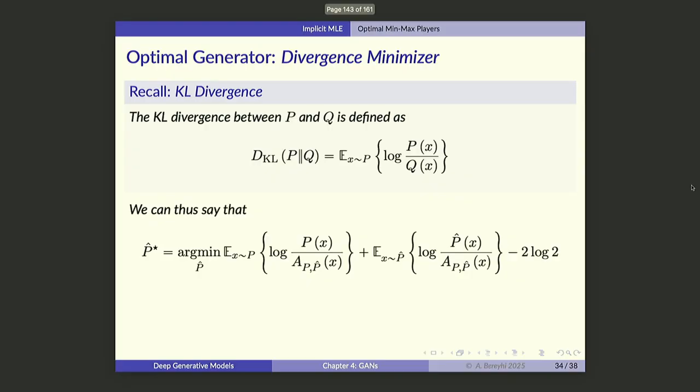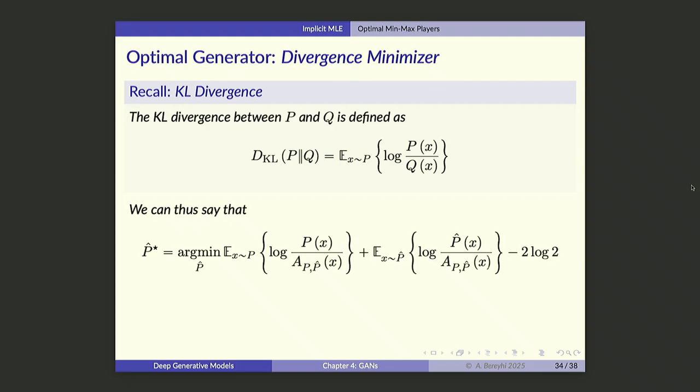Now what I have here is log of P divided by A, and log of P hat divided by A. Both expectations are with respect to the numerator, so they are eventually KL divergences, right? Correct? So I can replace the first guy with KL, and the second guy with KL.